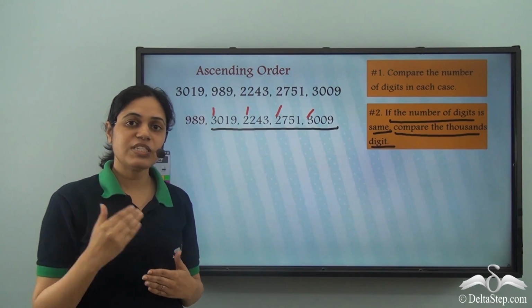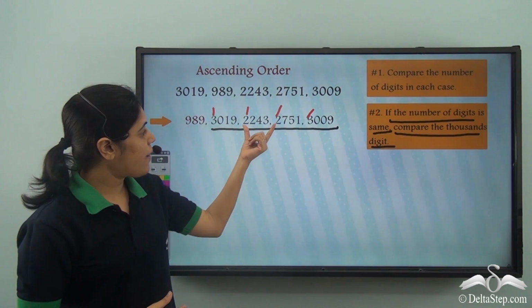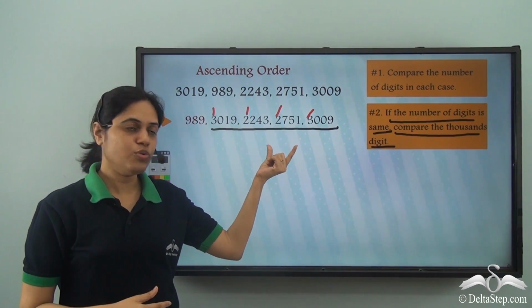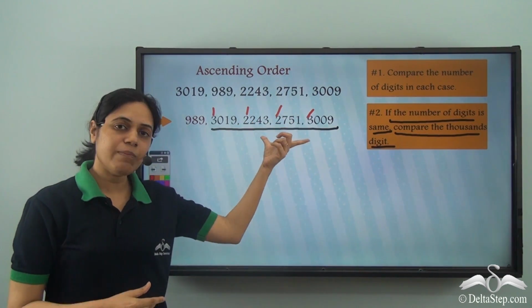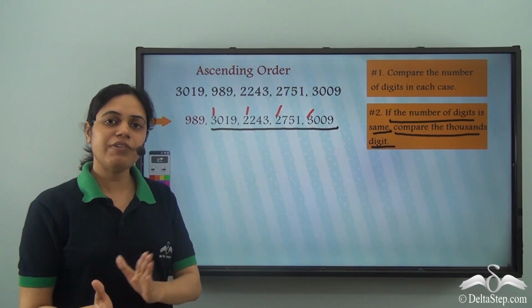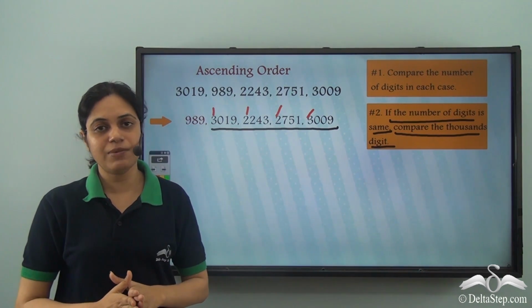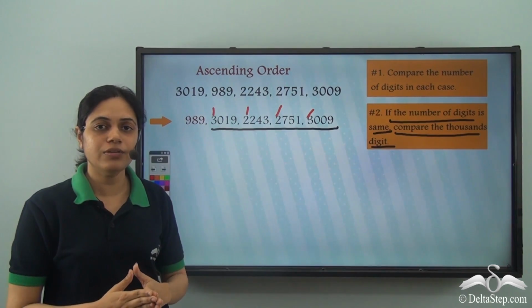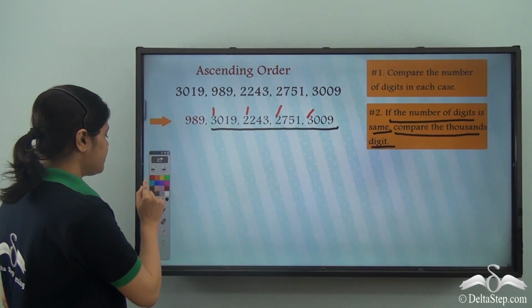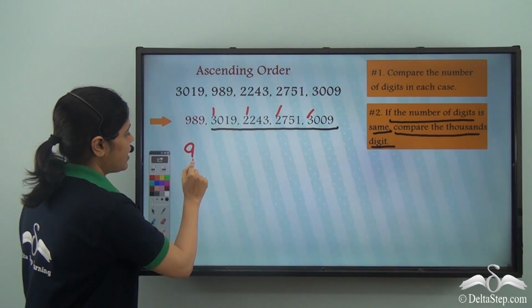Now 2 is smaller than 3. So the numbers starting with 2 will be smaller than the numbers starting with 3. So they will come before the number starting with 3 because this is ascending order. So let us write this. So first I have 989.